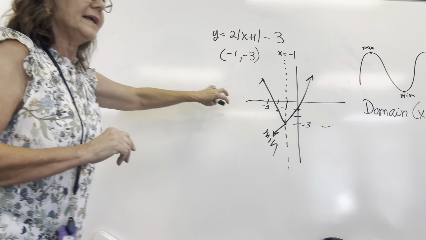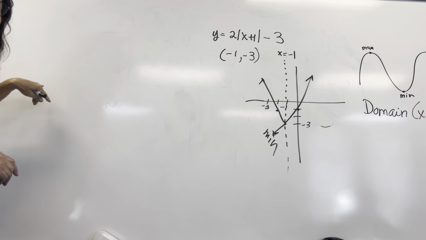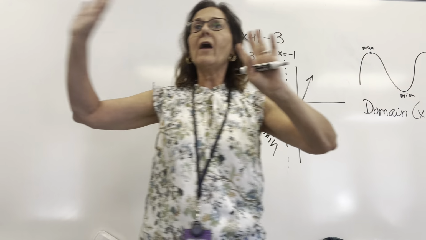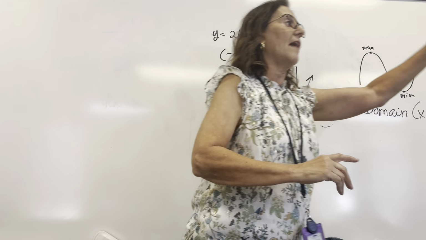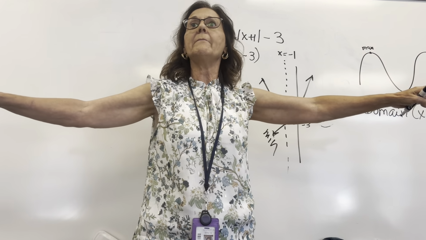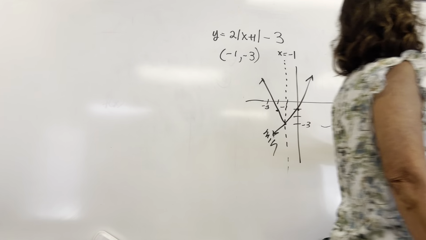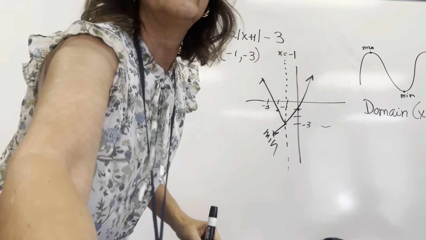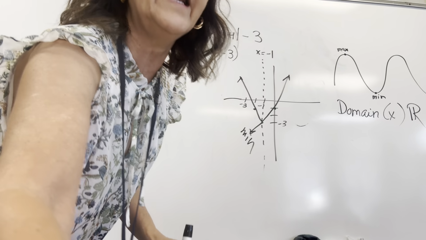So I can graph negative 100, or I can graph a positive 100, or I can graph negative 1,000, or I can graph positive 1,000. Any x value I put in can be graphed. So it's all reals. Got it? All reals.